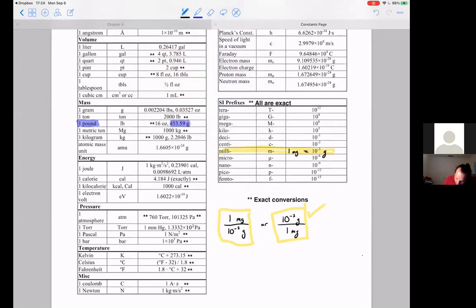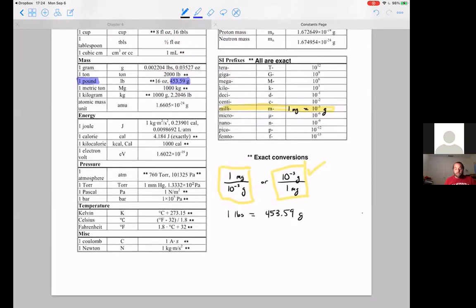If I'm going to use what's highlighted in blue here, this is telling me that 1 pound equals 453.59 grams. So I'm going to put that into conversion factor form: 1 pound over 453.59 grams, or 453.59 grams over 1 pound.